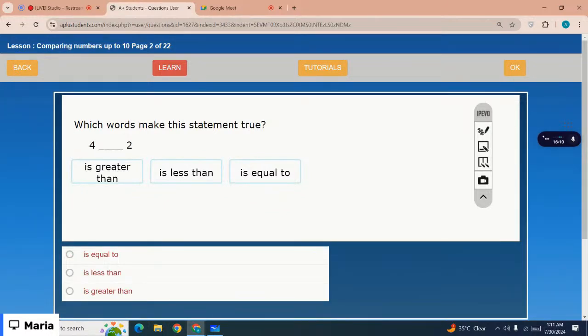Which words make the statement true? You have 4 and 2. So which is the correct option?